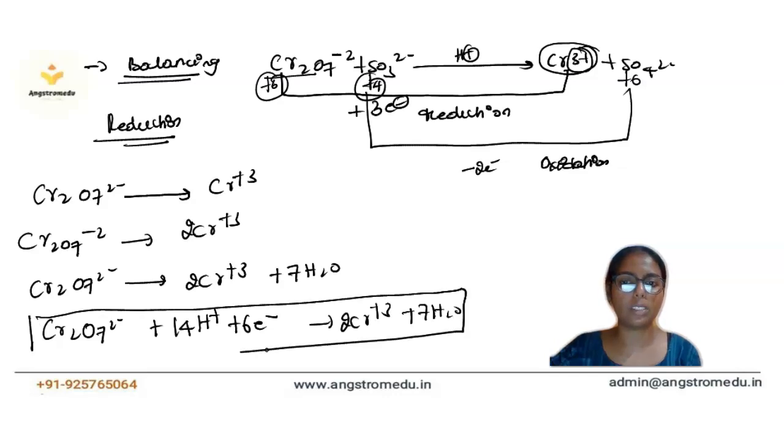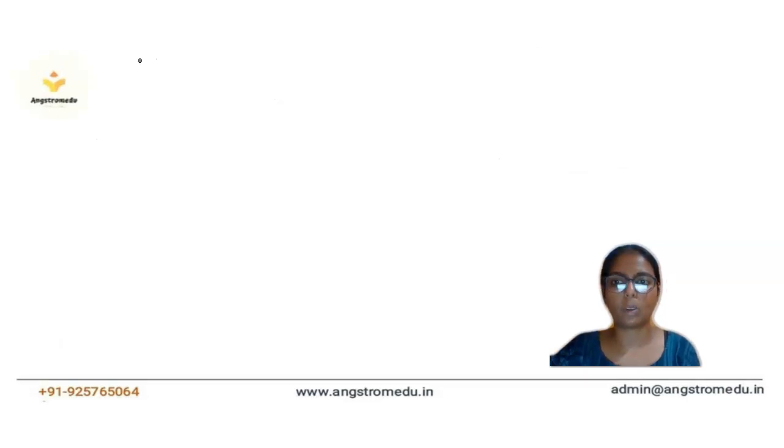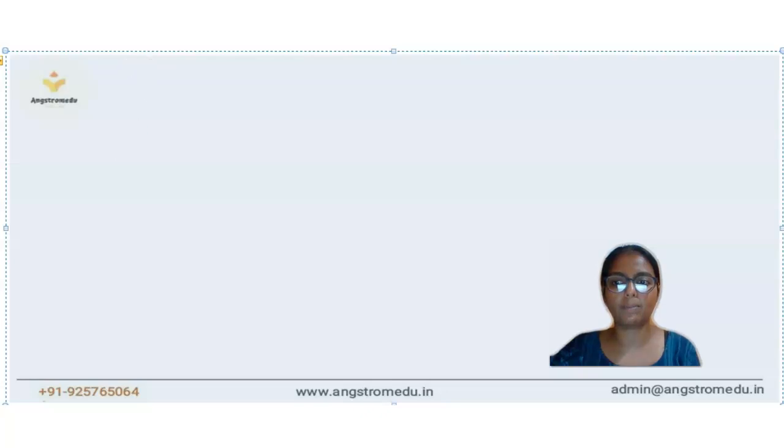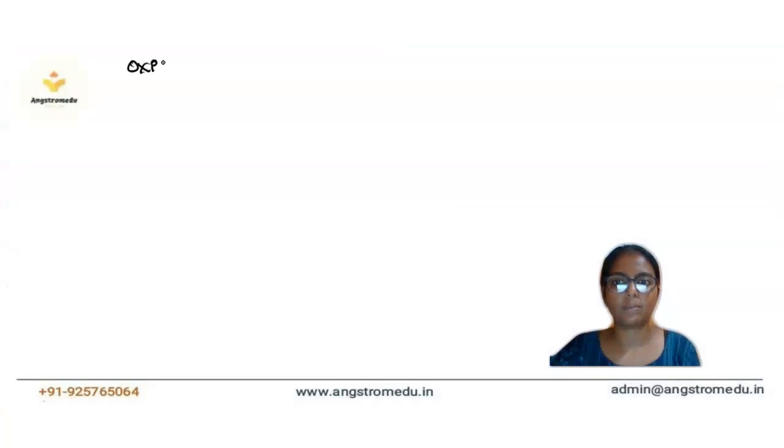If you look at the oxidation reaction, let's look at that. Oxidation reaction. Here the oxidation takes place by the sulfur, that is SO3 2-, which gets converted into SO4 2-.